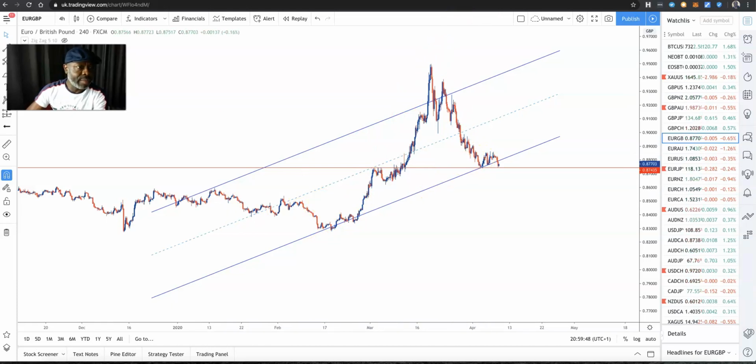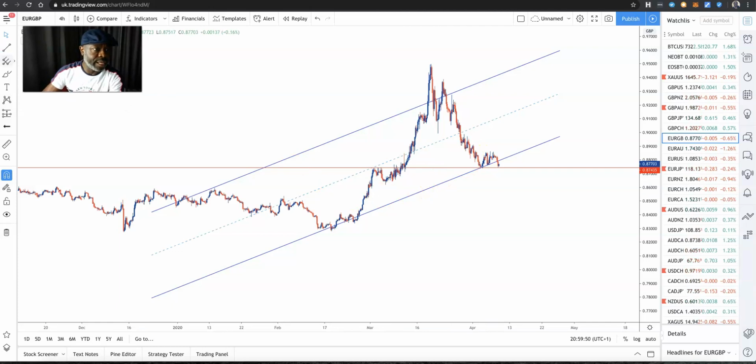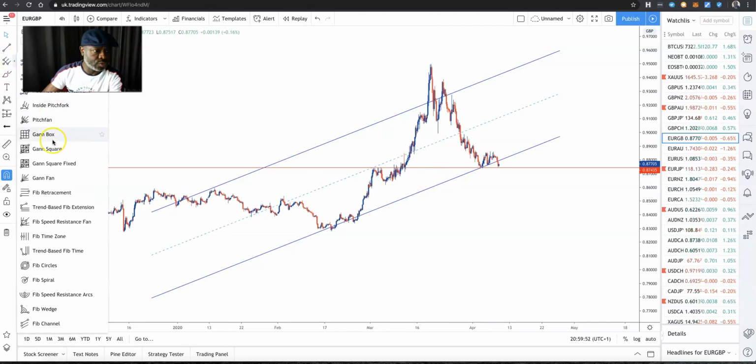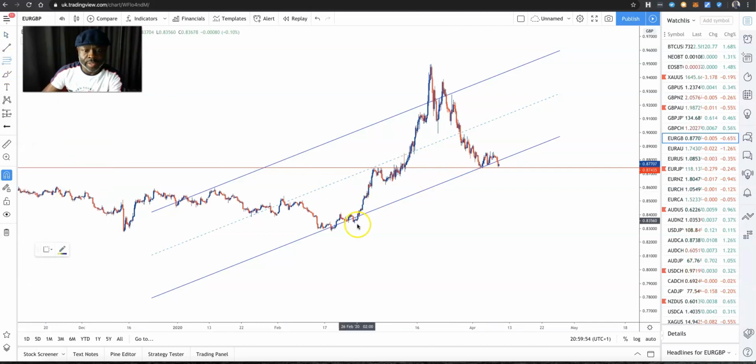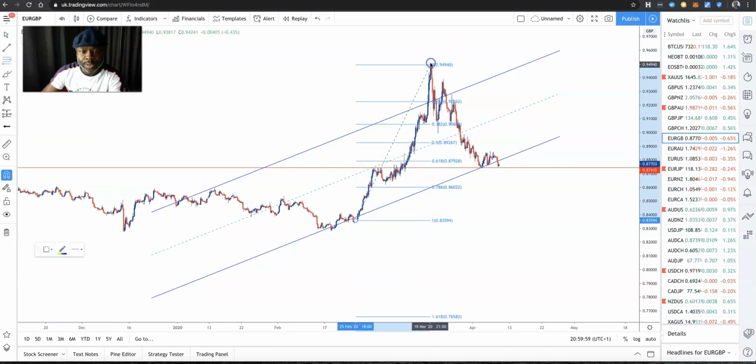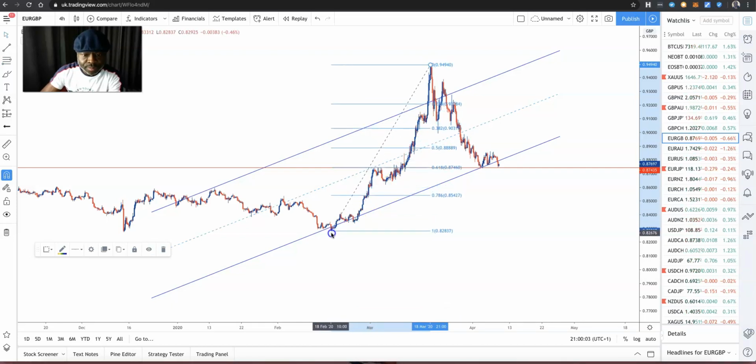Now, if I bring in my Fibonacci retracement tool, you will see that this has already retraced about 61.8%. Let me take it from here, and you see it's right on the 61.8% retracement of all this move up here.